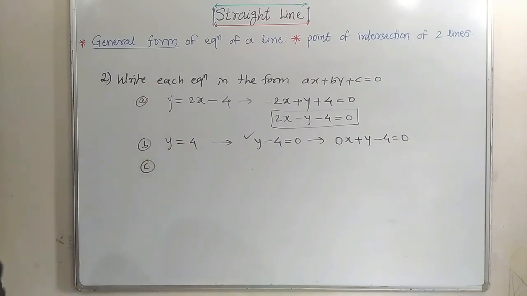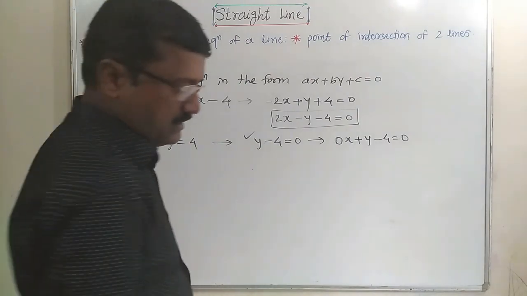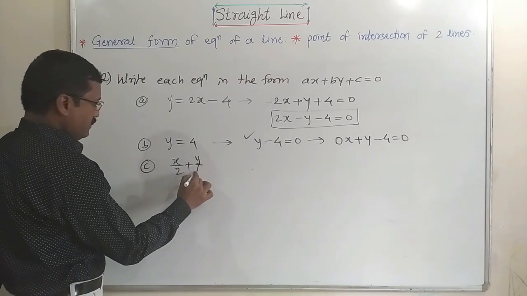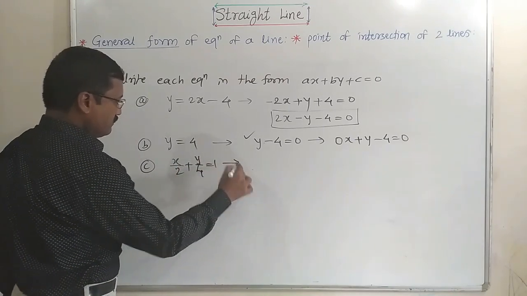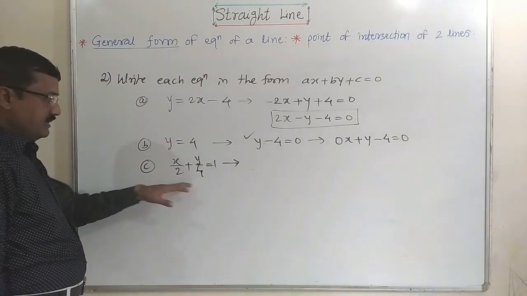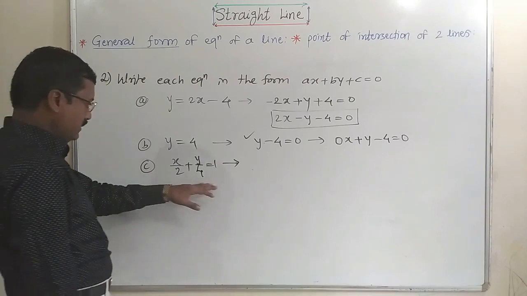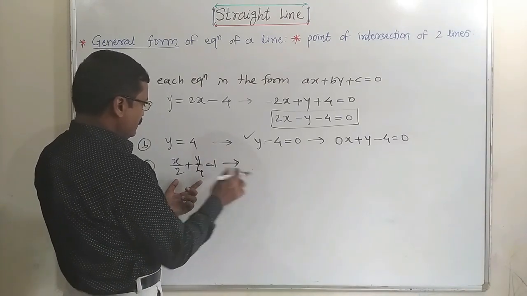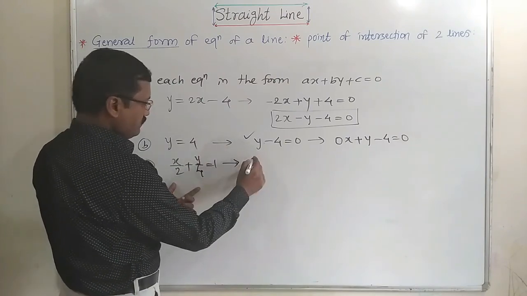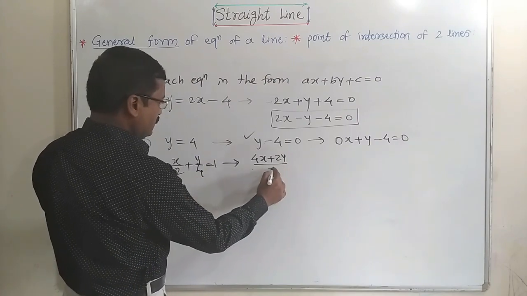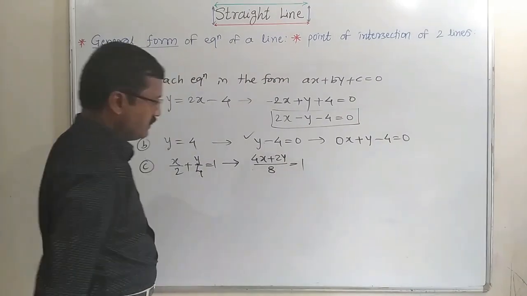Let us move towards another example: x by 2 plus y by 4 equal to 1. What to do? Take the LCM of these two denominators, 2 and 4, so that we get the same denominator. That is 4x plus 2y upon 2 into 4, that is 8, equal to 1.